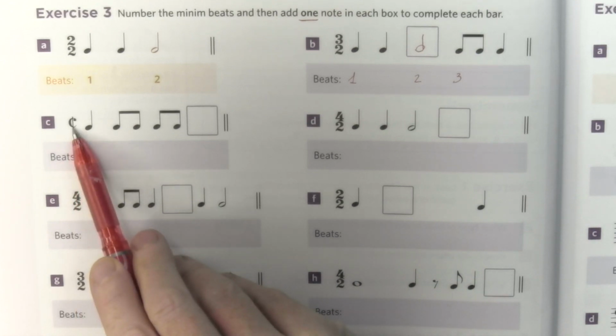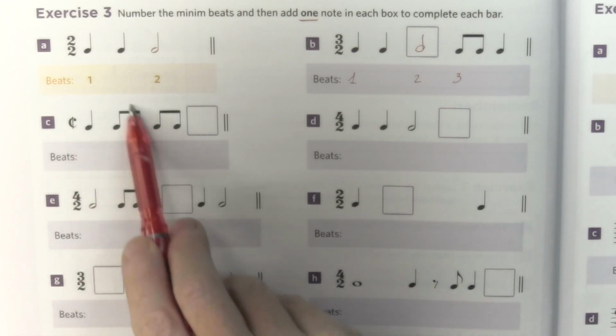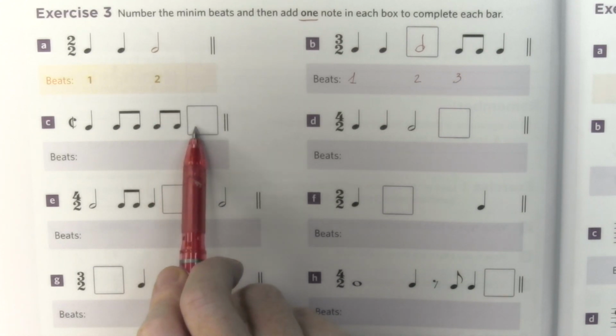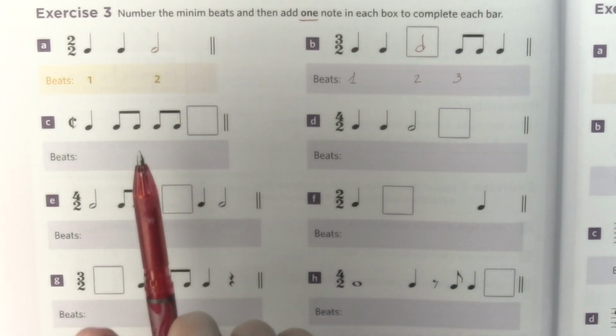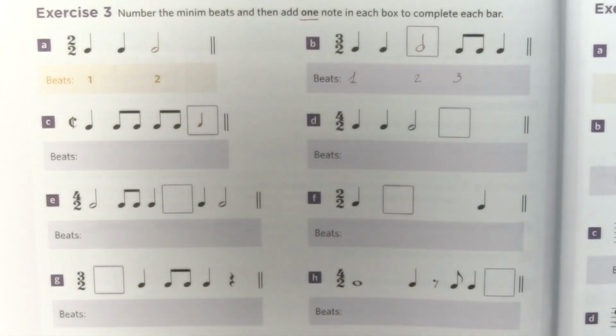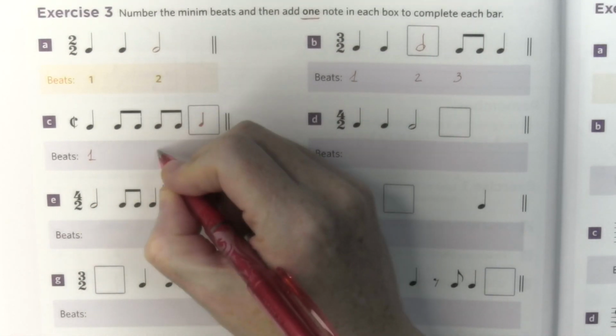Why did they do this? Because it was easier. It was quicker. So C would be 4/4. A C with a line through would be 2 halves. 2 minims. 1 is here and another one is here. Now we need to add 1 note. We could add other 2 quavers, but we need 1 note. So 1 crotchet. As for the counting, 1 and 2.